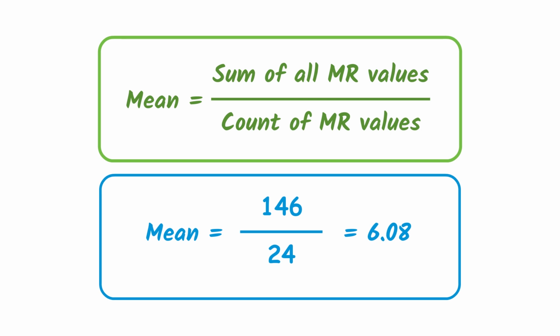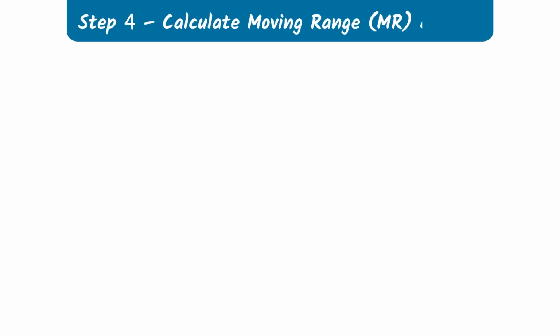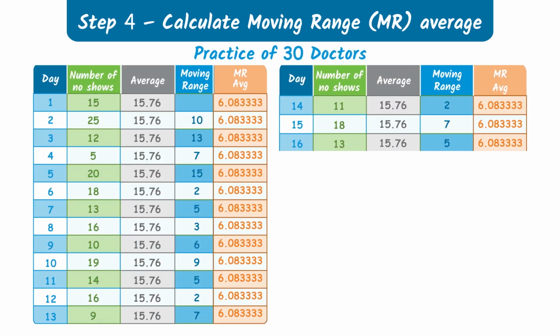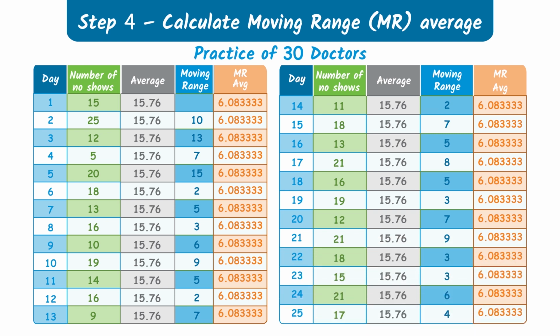We are going to need all these answers of all our calculations so far when we calculate different things for our control chart. Now you see here our patient no-show average is 15.76 and our moving range average is 6.08. What does that tell us?